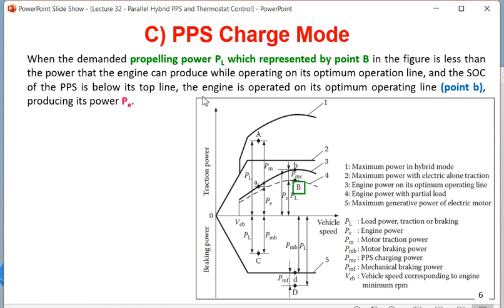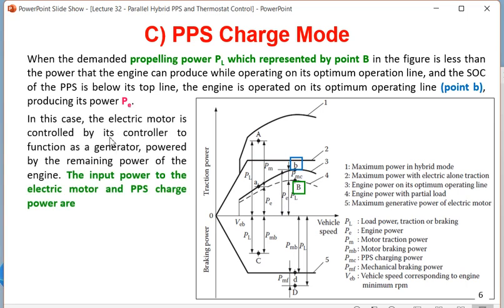So the SOC of the PPS is below the top line, then the engine is operated on its optimum operating line, that is line number 3, point b, and it is going to produce power PE, and you are finding PE is greater than PL. In this case, the electric motor is controlled by the motor controller to function as a generator.